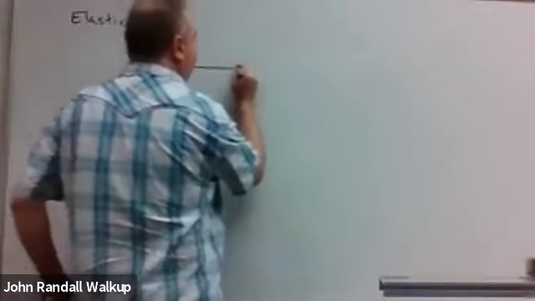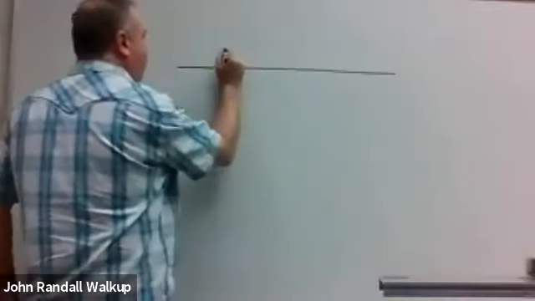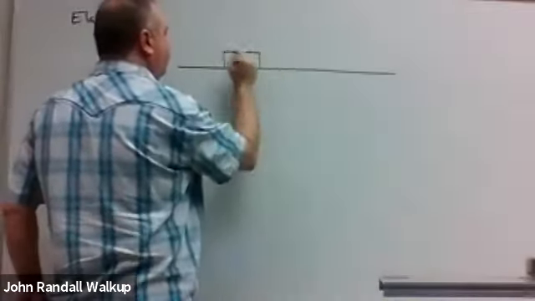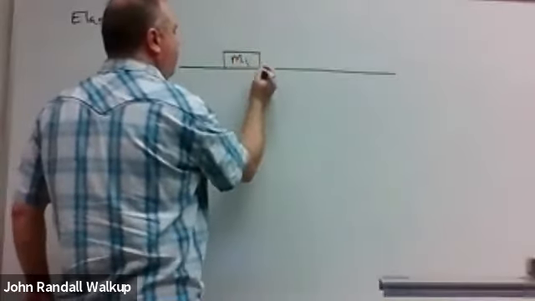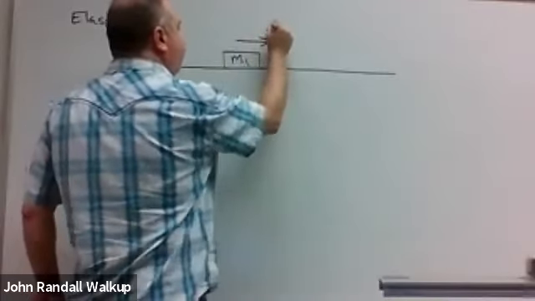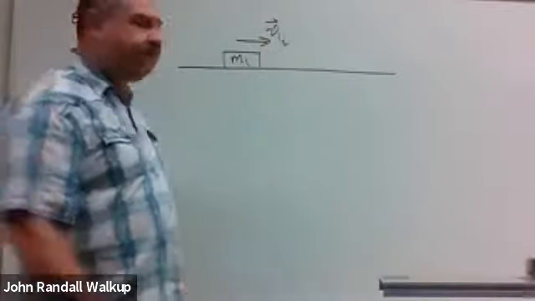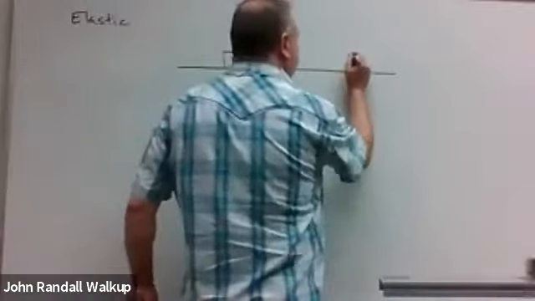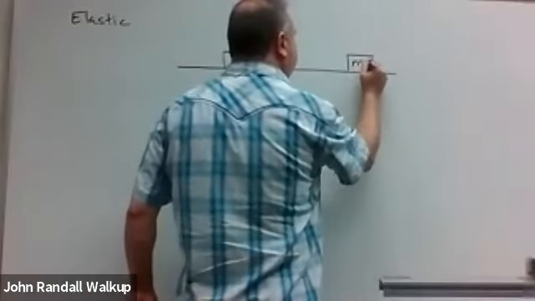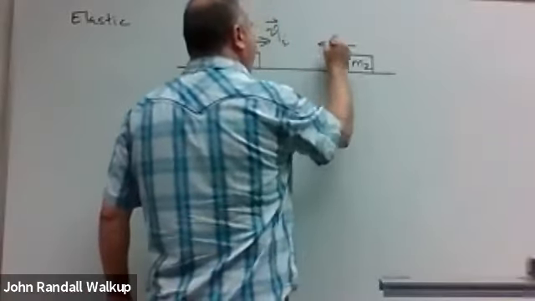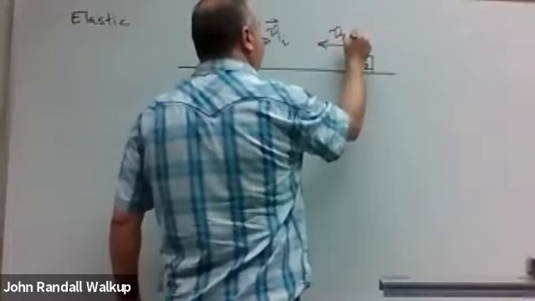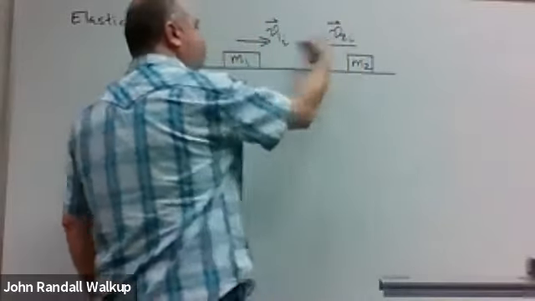So let's go ahead and put down, we have a mass M1, and it's traveling at V1 initial in this direction. We have M2, and it's traveling at V2 in this direction.